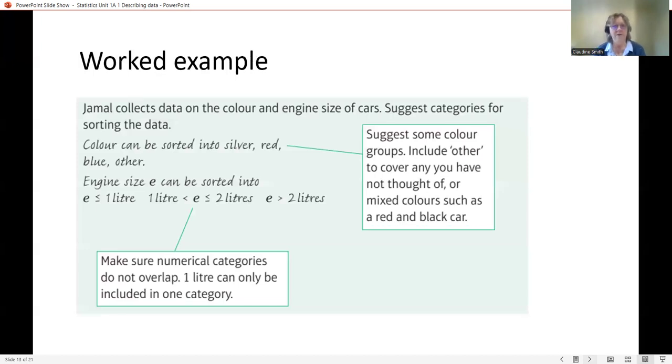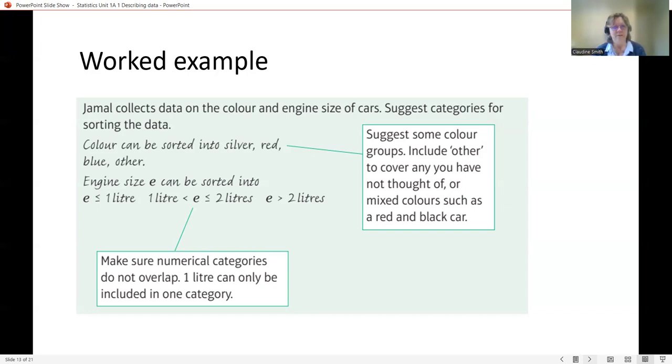So have a look at a worked example. Jamal collects data on the colour and engine size of cars. Suggest categories for sorting the data. So colour can be sorted into silver, red, blue, or other.